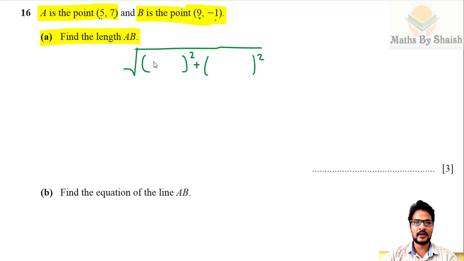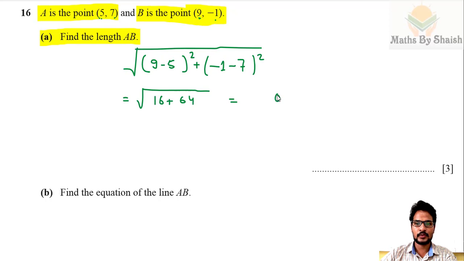So 9 minus 5, and -1 minus 7. So it becomes the square root of (9 minus 5) squared, 4 squared is 16, plus (-1 minus 7), which is -8, and -8 squared is 64. So 64 plus 16 is 80.